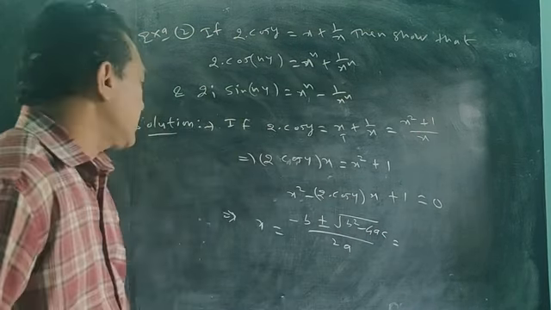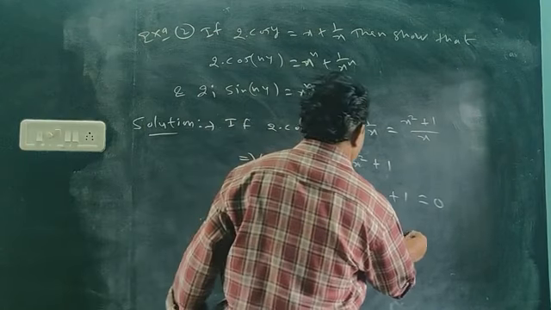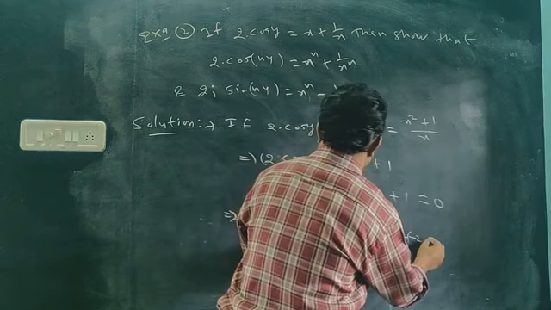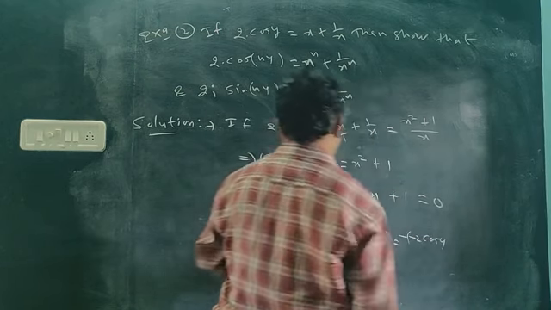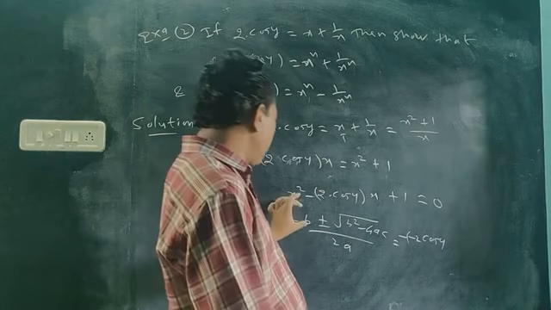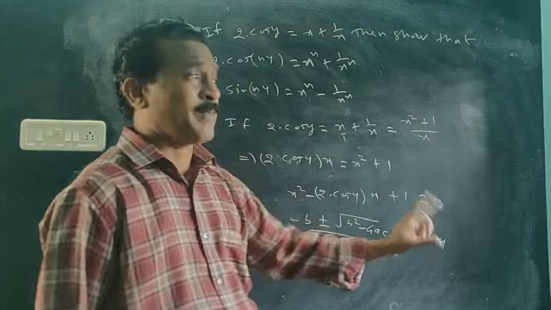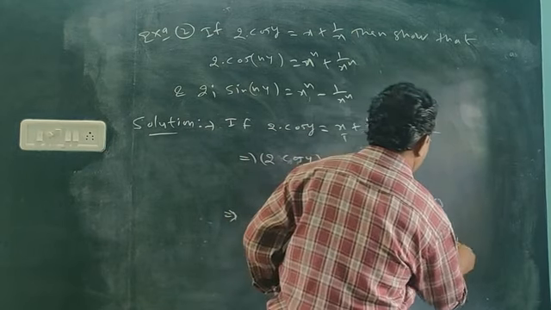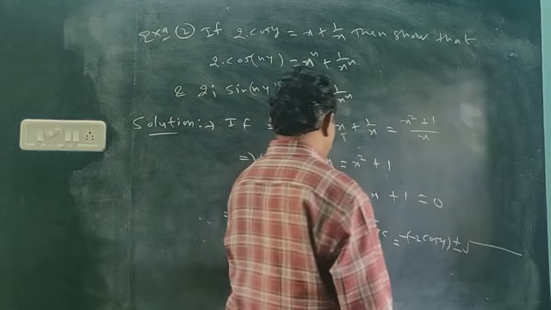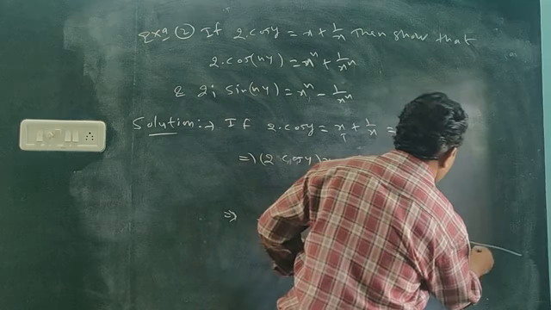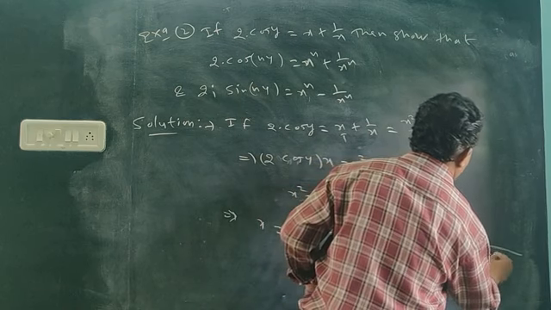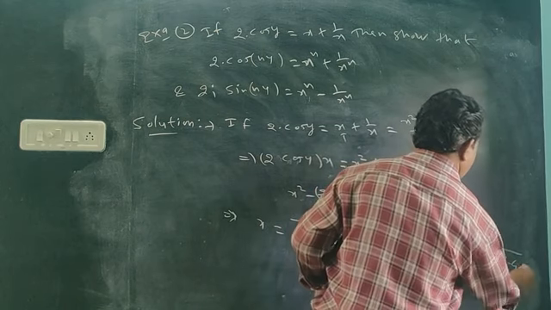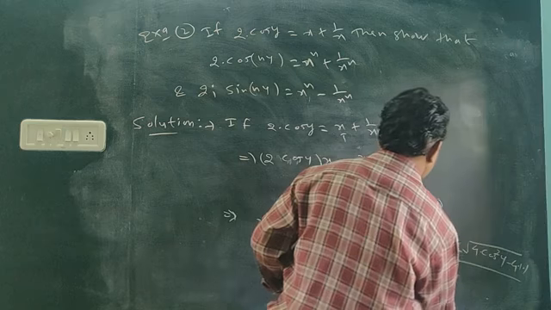Here b value is minus 2, so minus b is 2 cos y. Under the root, b square minus 4ac, where a is 1 and c is 1.